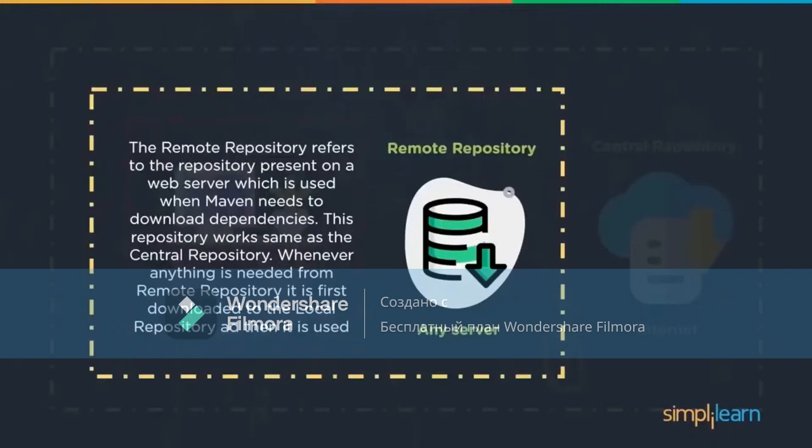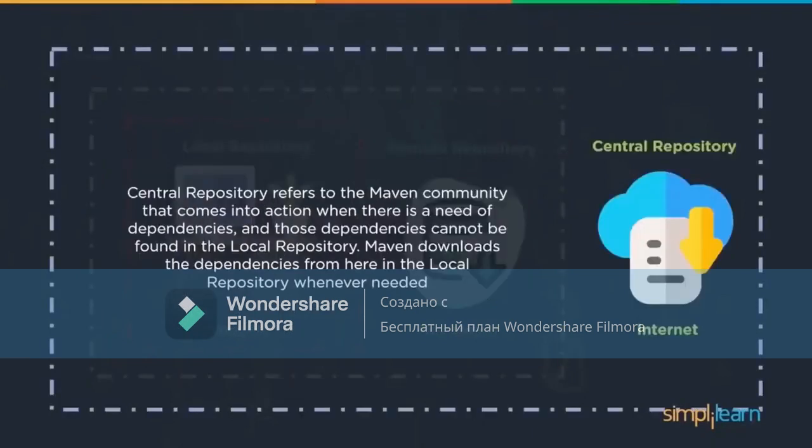These repositories work similar to the central repository. Whenever anything is needed from the remote repository, it's first downloaded into your local repository, and then the dependencies are cached locally, from where we can reference them easily whenever we want.